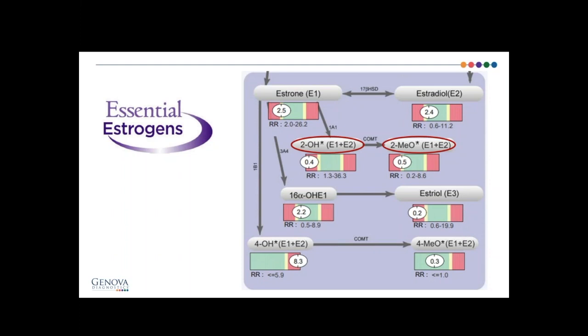But if 2-hydroxy is methylated, it's water-soluble now with that methyl group and readily excreted. That's what we want. We keep an eye on the 16-alpha-hydroxy, which, by the way, can become estriol. And there's that 4-hydroxy. And if it's not being methylated well, then our concern is if it's not being detoxified, it may well be oxidized. And if that high 8.3, that's a red flag to me.